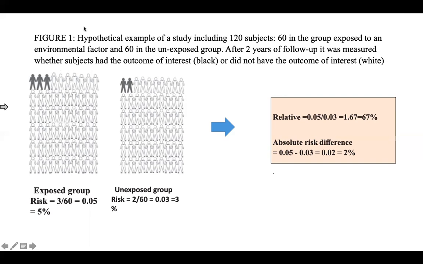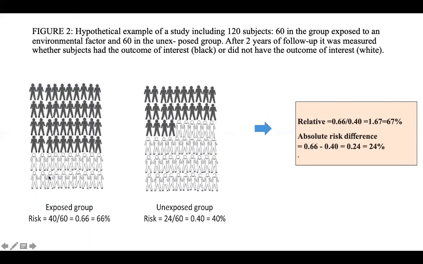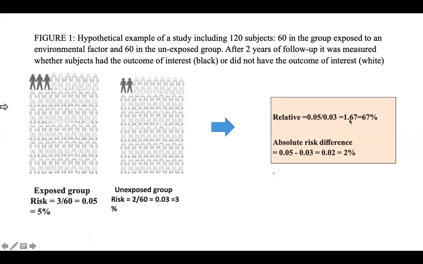Here in figure 1 there is a lesser number of outcomes in comparison to figure 2. Here the relative risk is 1.67, meaning 67% relative risk, and the outcomes are very low, and the absolute risk is 2%.